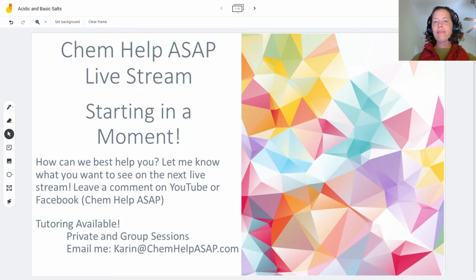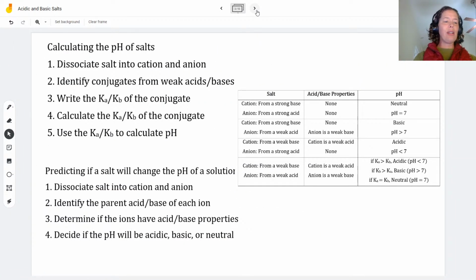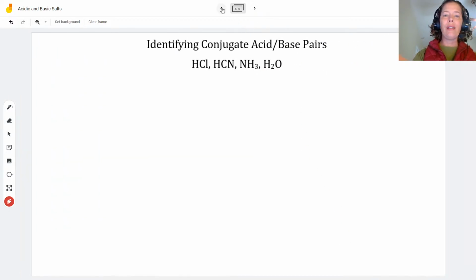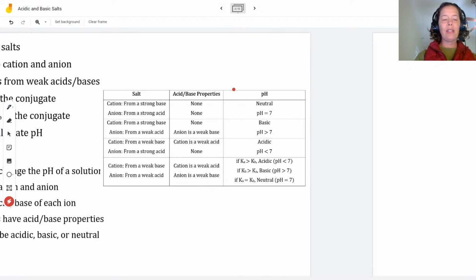Okay, so let's go ahead and start. And of course, we'll start with our definitions. So what I've got here is kind of everything at once. Let me switch over to, well, okay, let's maybe identify our conjugate acid-base pairs. And then I will come back to some of these other tables as well.